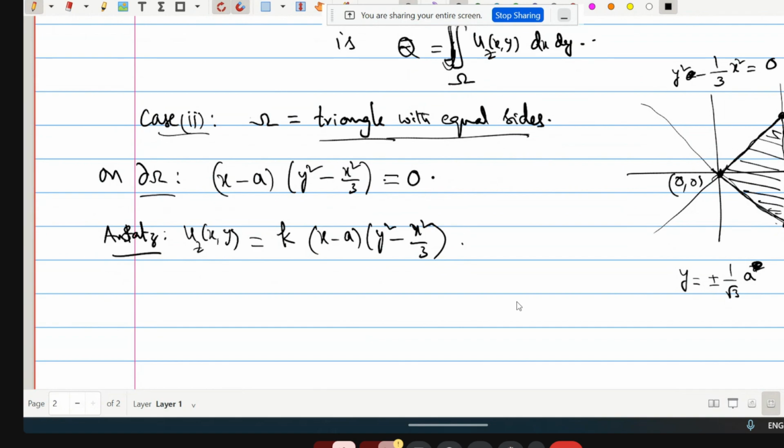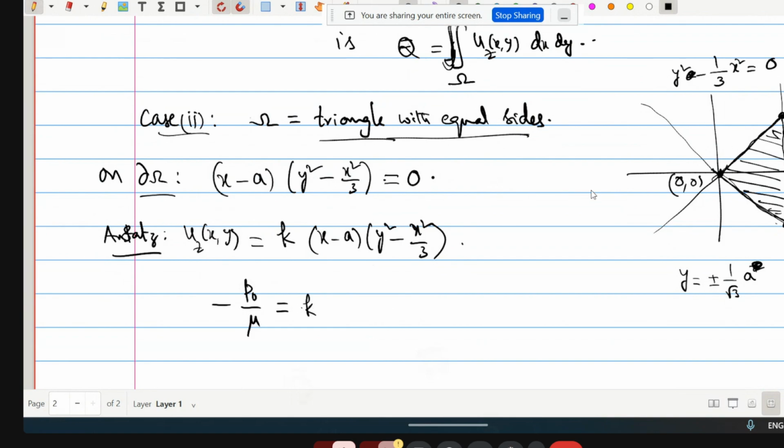This you substitute into the equation. What do you get? Minus p naught divided by mu equal to, you differentiate with respect to x twice. Differentiating x minus a into y square twice gives 0.